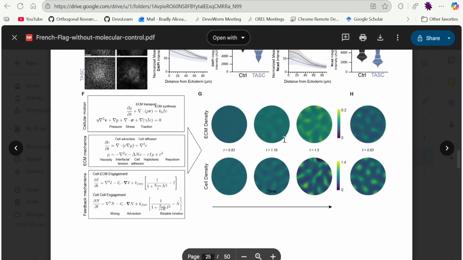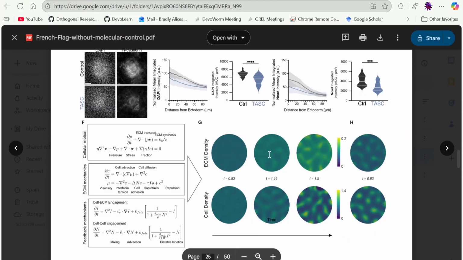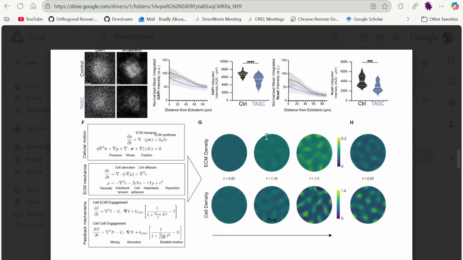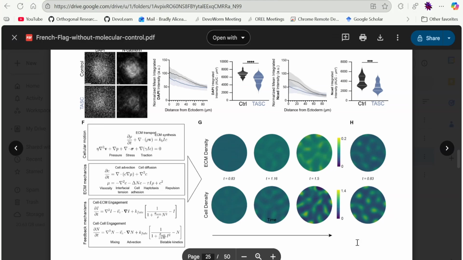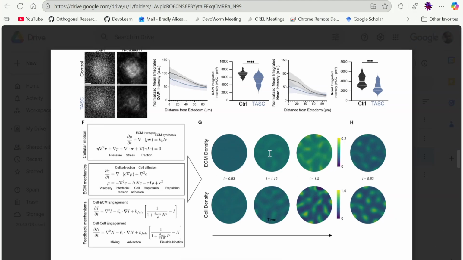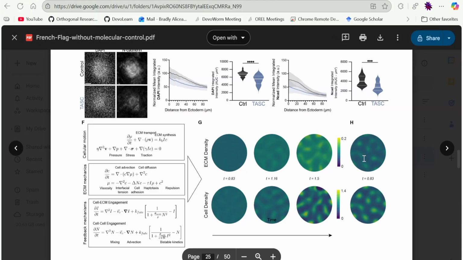If we look at this here, we have the difference. So for extracellular matrix density and cell density, we have these different outcomes. As we increase the T parameter from 0.83 to 1.5, we get these differences in, I guess, this metric here, which is more activity, but it looks different.